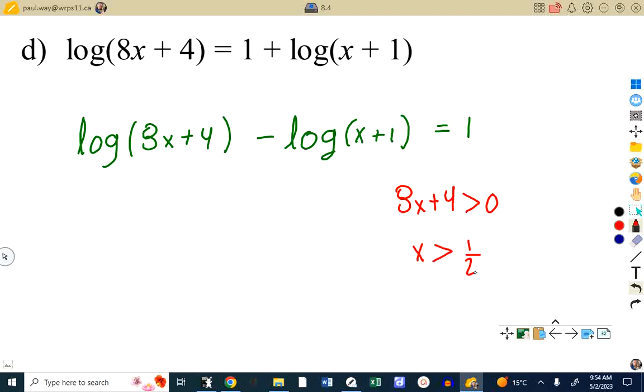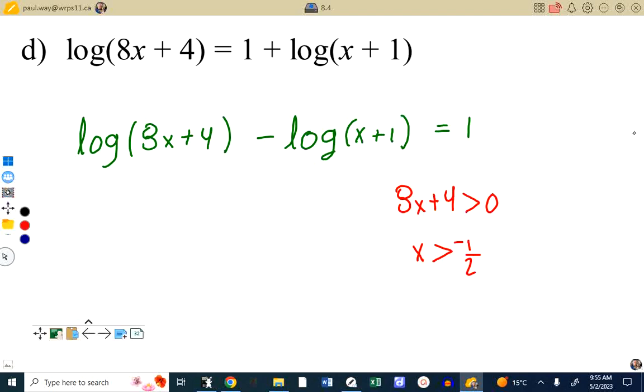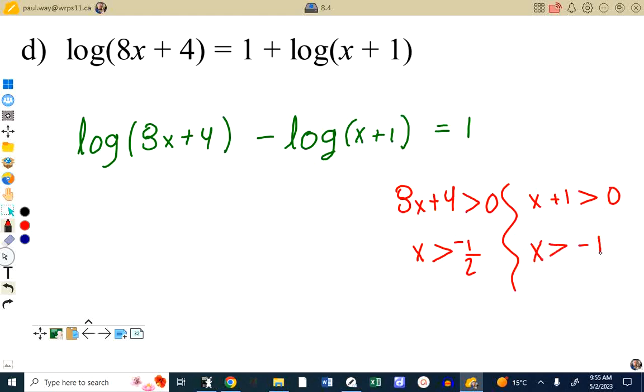Correct? x is greater than -1/2, but we also have to do that with the x plus 1, which means x is greater than -1.